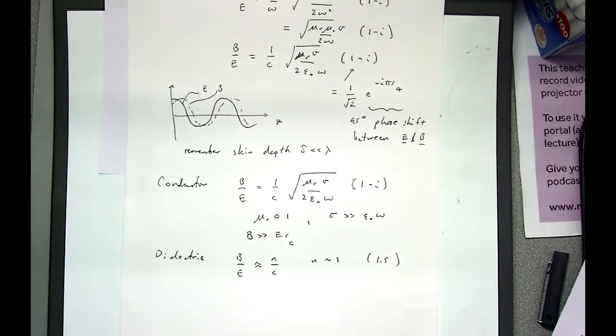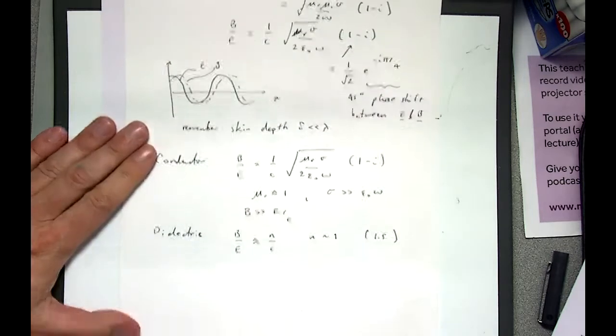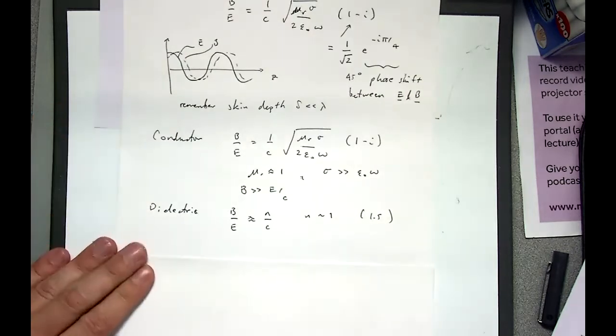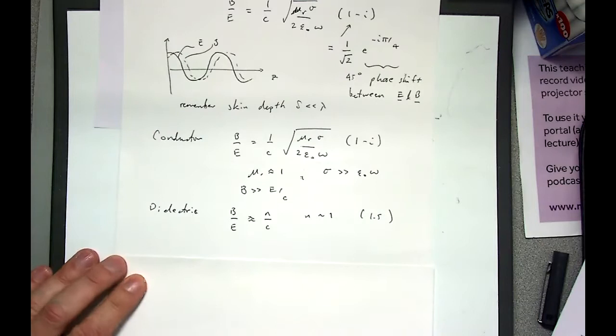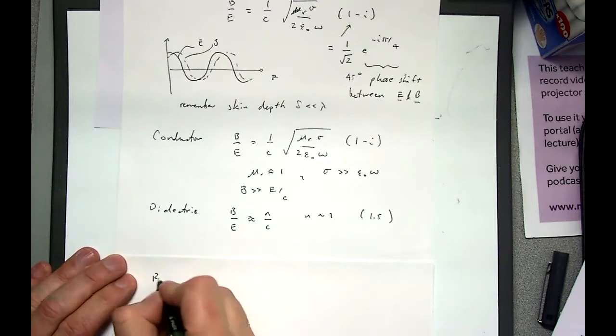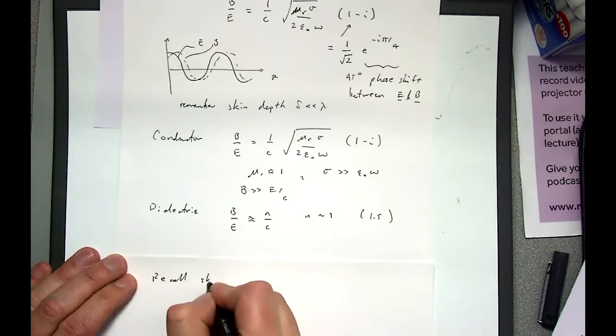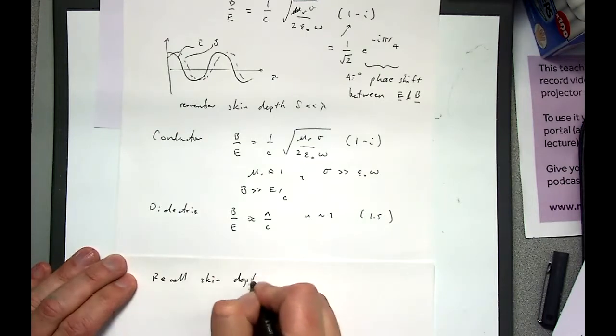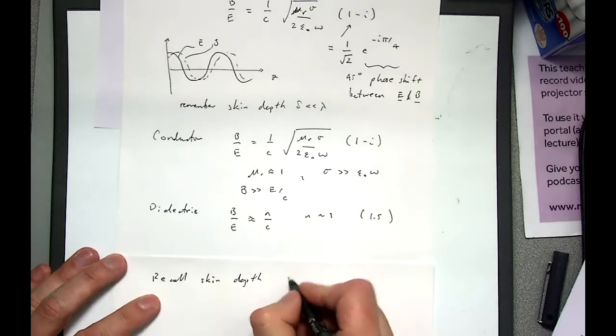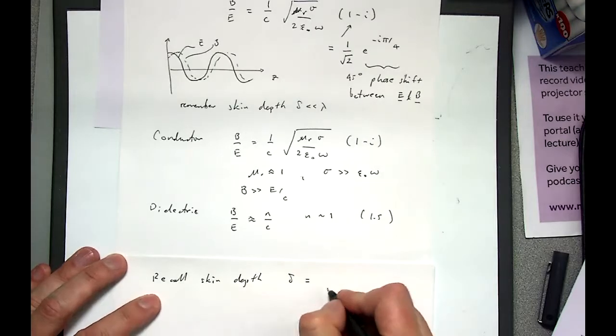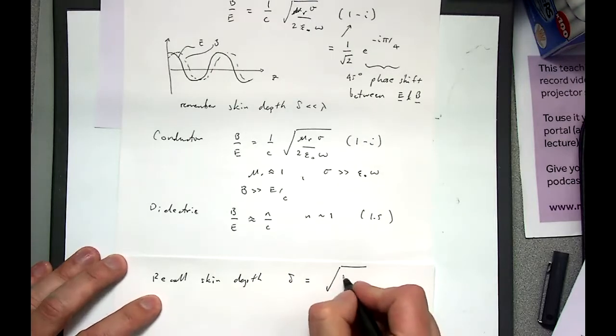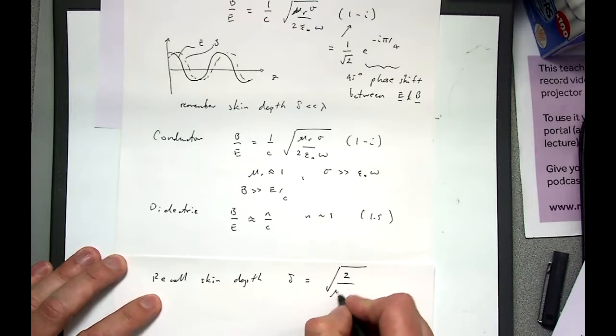Right. Now, you can see that those terms there, they do look a little bit like the skin depth. So let's try and relate the skin depth and the magnetic field sizes. So recall that the skin depth was equal to the root of 2 over mu r mu naught sigma omega.